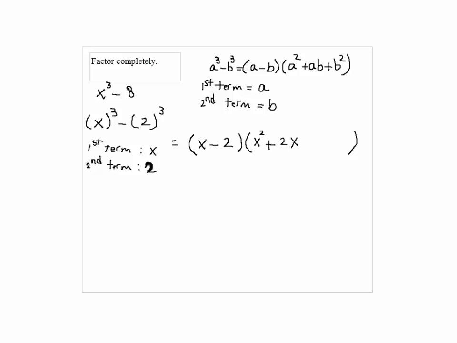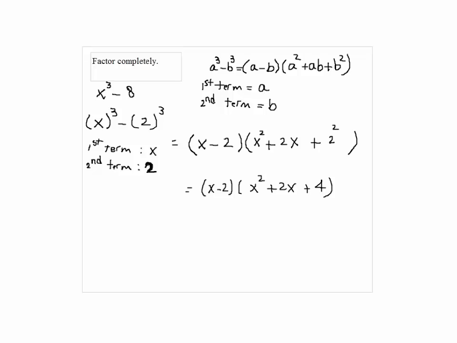So when I have a difference of cubes, if I write this formula, my first term is x, so it would be x minus the second term, which is 2. So instead of a minus b, I have x minus 2.